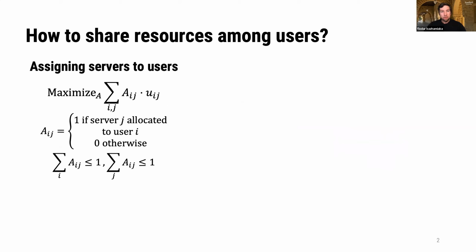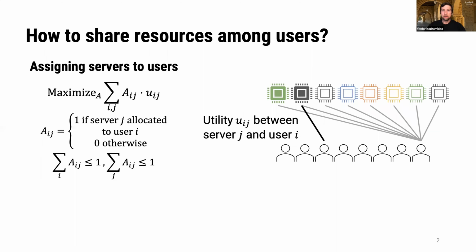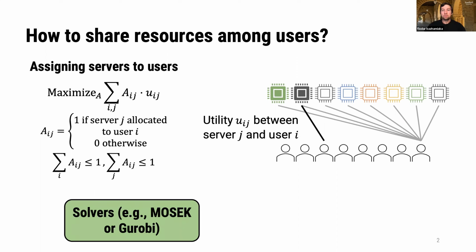As a concrete example of a resource allocation problem, let's consider the assignment of servers to users with a simple utility maximization objective. Utility in this case encodes the preference of user I to server J. An example could be the cost to run the job on a particular cloud instance. This resource allocation problem is an integer linear program, shown here on the left, and we can try to solve it in a couple of different ways.